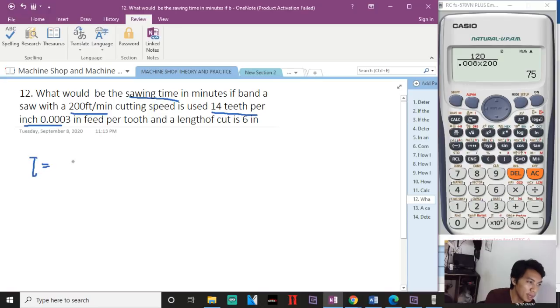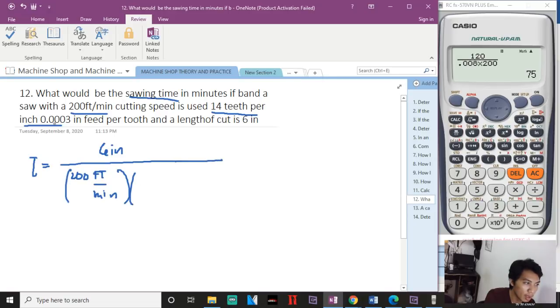So the time will be, tandaan mo, 6 inches. Yung length of the cut. Pero ang binigay na V, 200 feet per minute. And then meron kang feed per tooth. Length of the cut is 6 inches. 14 teeth per inch.